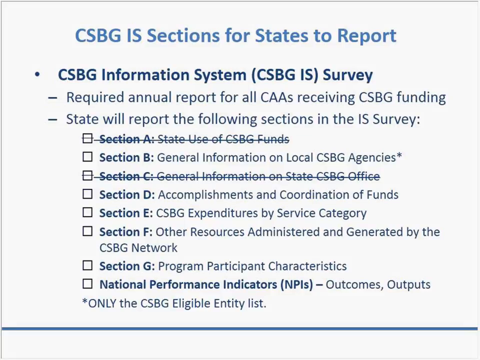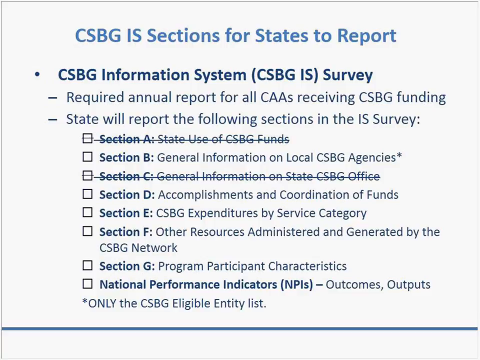The sections of the IS report are A through G, and then the NPIs. All of these are required as the annual report for community action agencies receiving CSBG funding. This year, the states will only report on Section B, only the eligible entity list, Section D, Section E, Section F, and G, and the NPIs.